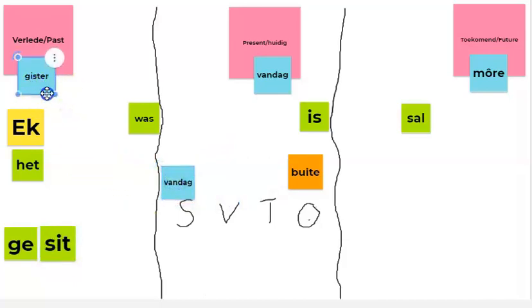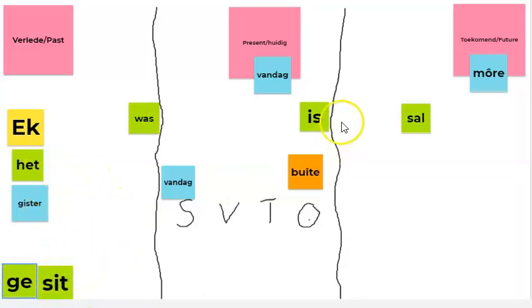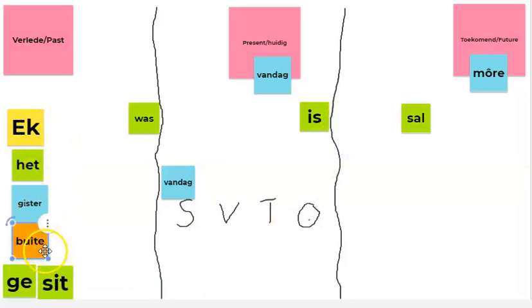Unfortunately, vandag becomes gister. And then in Afrikaans, you'll always have the verbs right at the end. Remember, het kicks gesit right to the end. And then buite comes just before that. Ek het gister buite gesit.